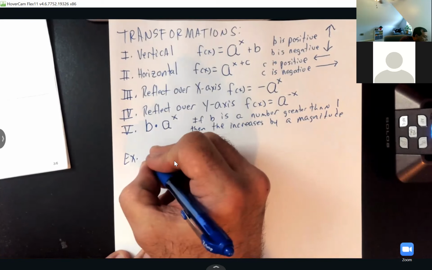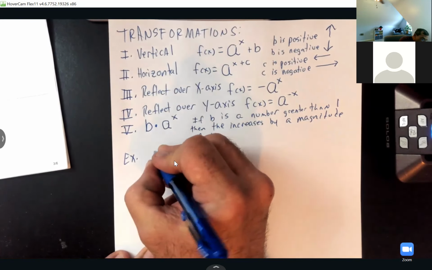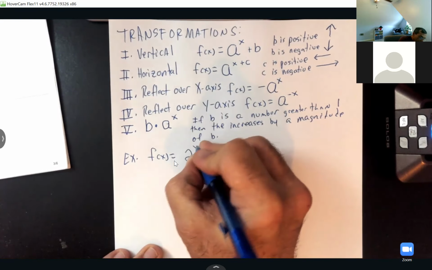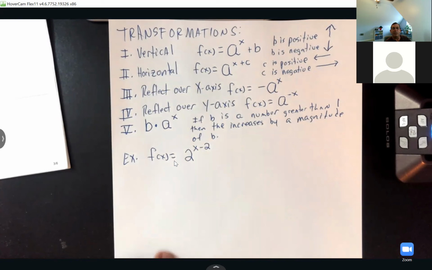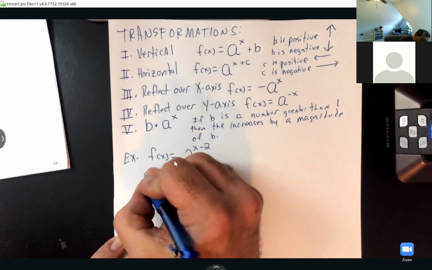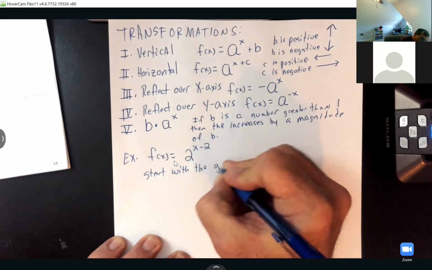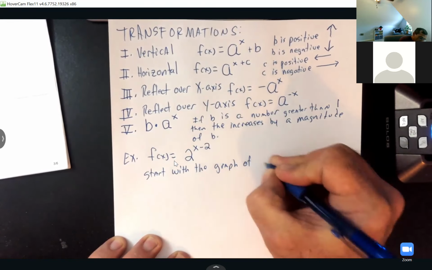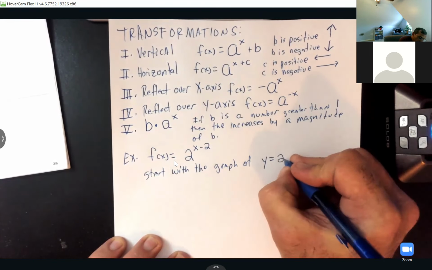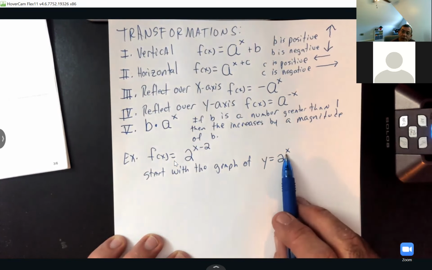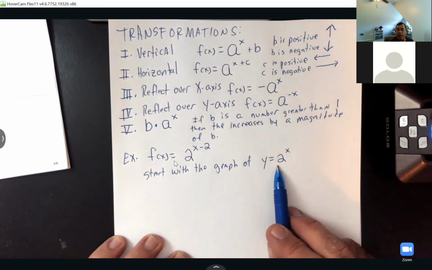So my first one I want to do is f of x equals 2 to the x minus 2. So in MathLab, you start with the graph of y equals 2 to the x. Now, MathLab already has that x there. All you're putting in is the 2.